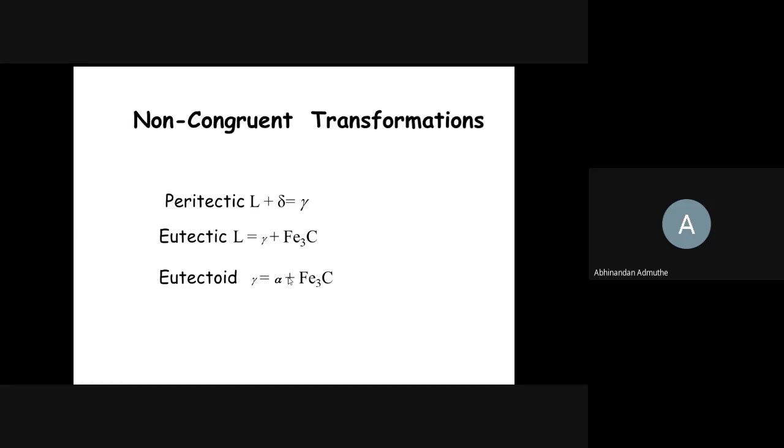In the eutectic transformation, again a liquid to solid transformation, liquid transforms into two different solids, gamma and cementite. And the eutectoid type transformation is a solid to solid transformation, where solid 1 transforms into two different solids, solid 2 and solid 3. Solid 2 is alpha and solid 3 is cementite. This is a eutectoid type transformation.